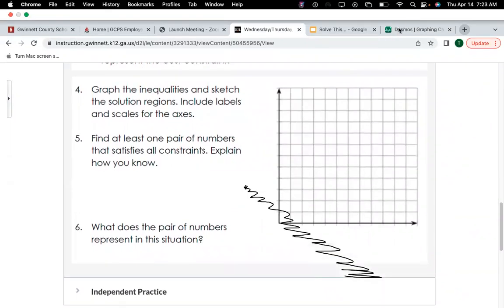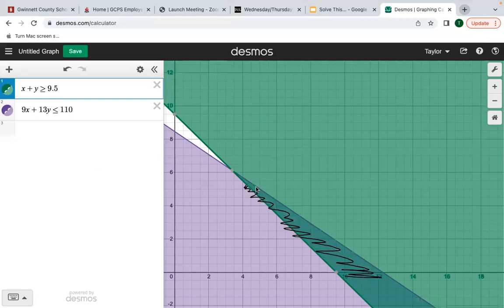Like I said, if we go back to Desmos, you could pick any points that lie in this little shaded region. One thing with systems of inequalities is that you're going to have an ordered pair. You're not just going to have an X value, and that's a little different from what we've been working on. So we would say, whatever this point is, 3.375, comma 6.125.